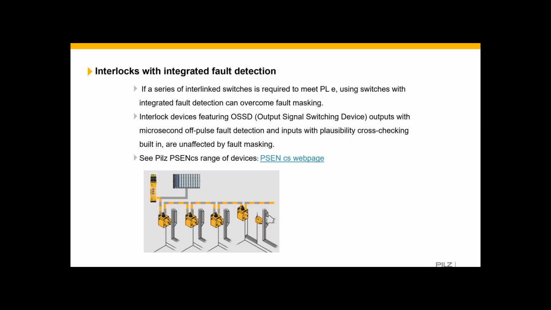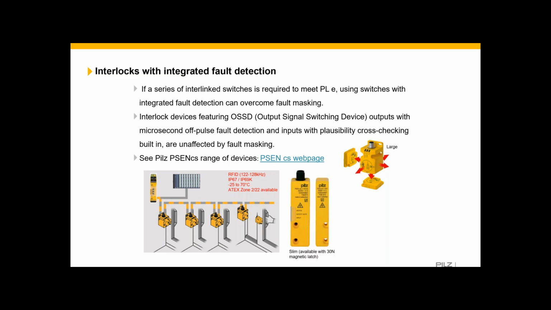It comes in different shapes and sizes depending on the application, and the actuator can be mounted in various positions. And for interlocking, we've also released the smallest profile actuator that you can use, used with a DZIF to locate it onto the machine, and then if it's peeled off, it destroys that RFID actuator.